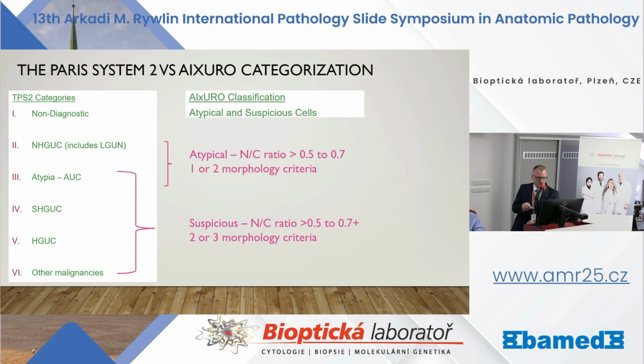It's your personal feeling with experience that makes the diagnosis, and the measurements will be much more appreciated, but still, AI is coming for the Paris system, and for us as pathologists who are looking over urine cytology.